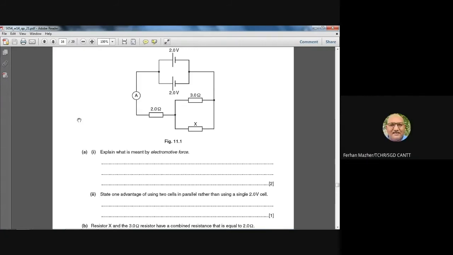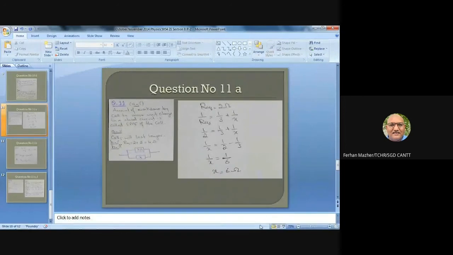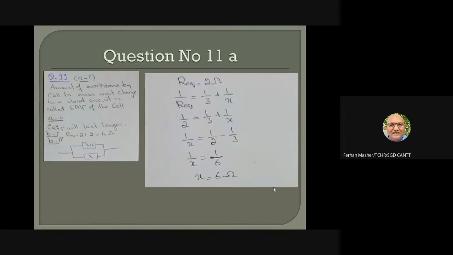Another definition is the amount of work done by the cell to move unit charge in a closed circuit. I've written this answer; let me show you. It says the amount of work done by cell to move unit charge in a closed circuit is called the EMF of the cell.